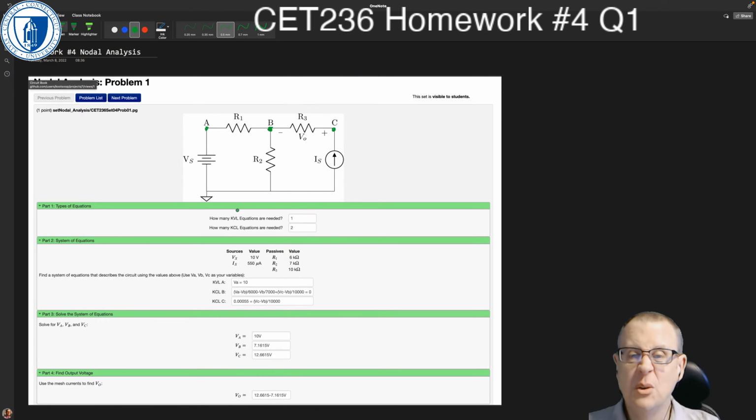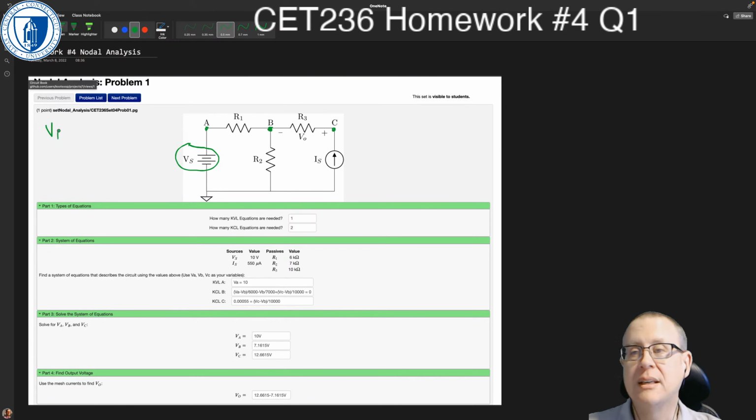So the first question is about the types of equations. Normally, nodal analysis will end up using Kirchhoff's current law, right? But in this case, because we've got the voltage source, we're actually going to use KVL to do our freebie, right?